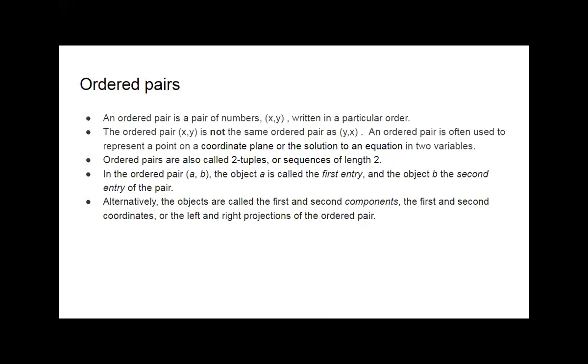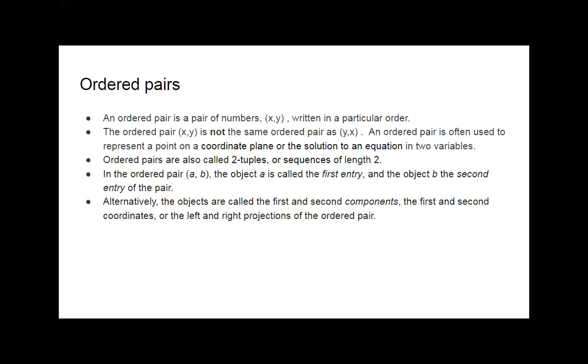Another example is a point in a coordinate plane. We define it with the x coordinate and y coordinate: x is the horizontal coordinate, y is the vertical coordinate. So that is also an ordered pair.